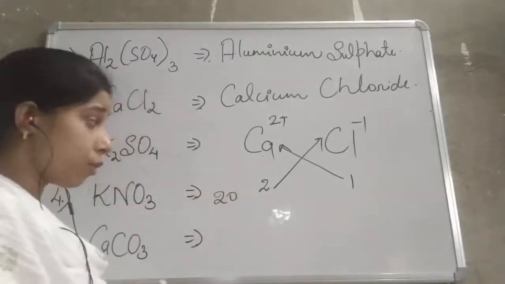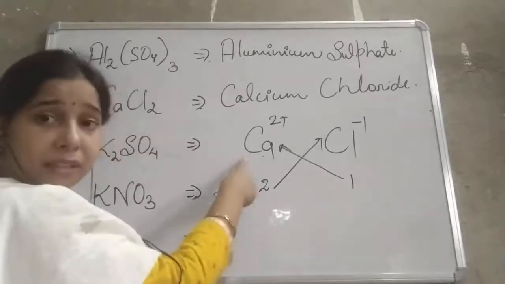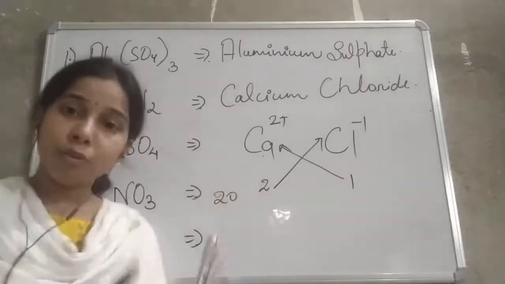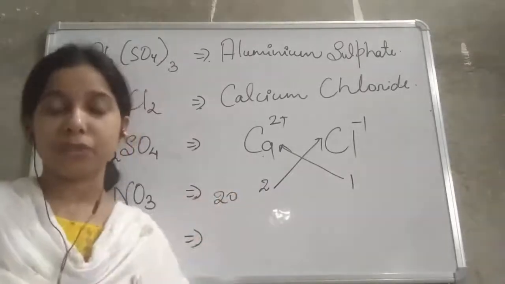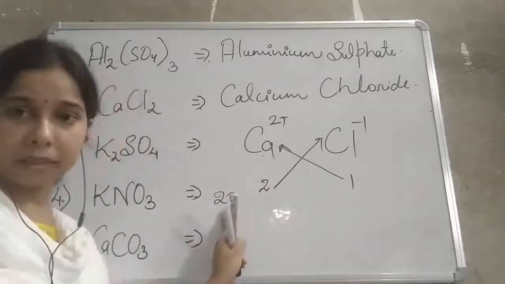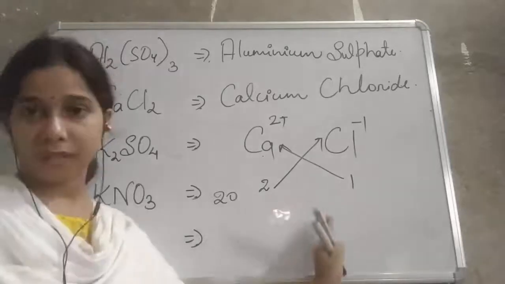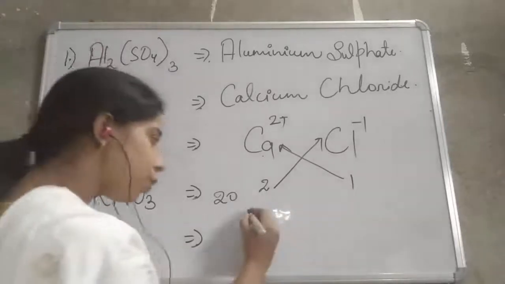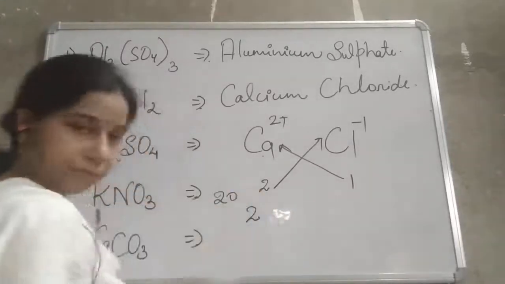So if we want to find the valency of calcium by using the electronic configuration, I told you that in the first shell, when we divide this atomic number while writing the electronic configuration, at first we will write 2.